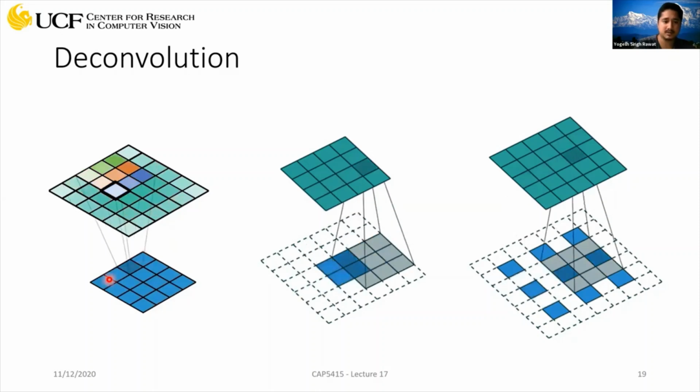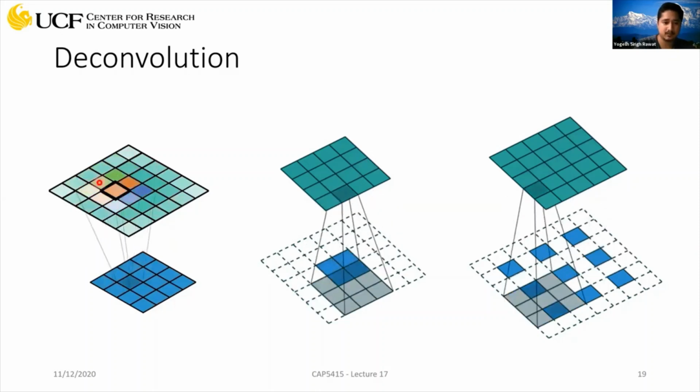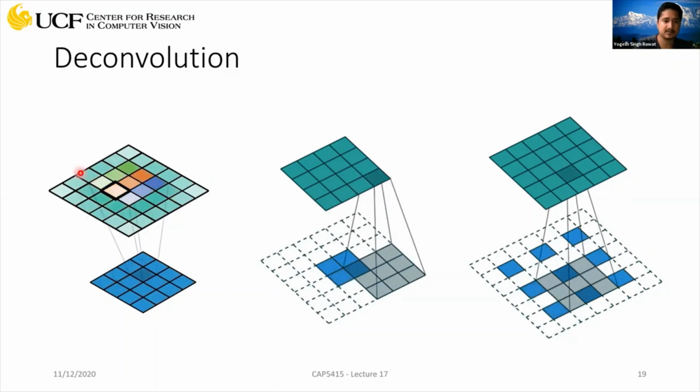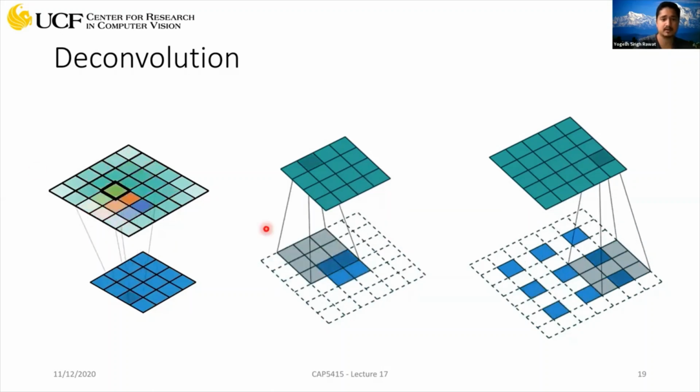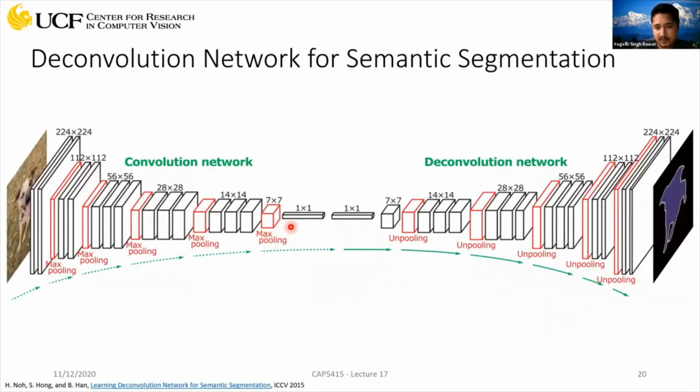If it's 4x4, they will only take 4x4 values from the center and just ignore the border values. That way they keep the resolution consistent. So 14x14, 256. This is not normal convolution, it was deconvolution. Okay. So that's one kind of network, where one drawback is that you need to keep track of how you performed max pooling to perform this deconvolution.